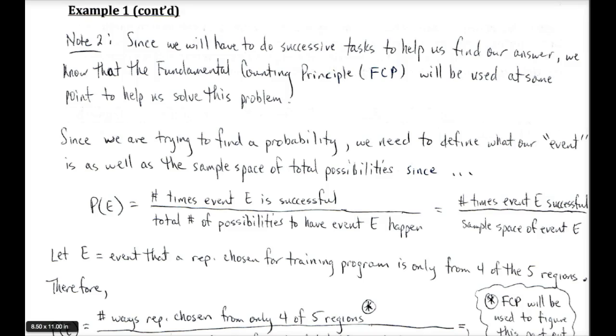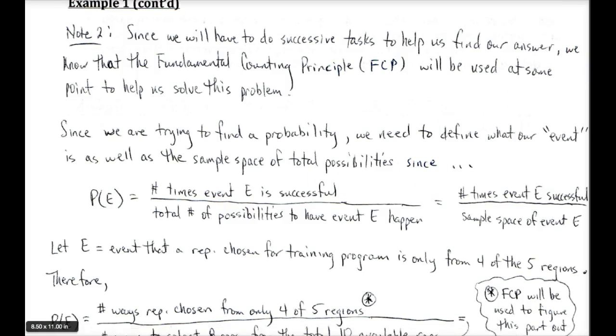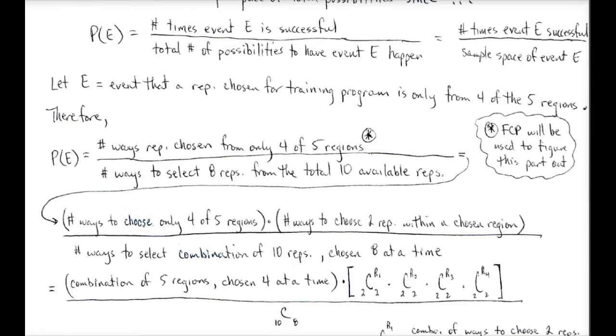Okay. And if we define our event, in this case E, as being the event that a representative chosen for the training program is only from 4 of the 5 available regions, then the way that we can look at that is the probability of choosing a rep in a training program from only 4 of the 5 regions is going to be the number of ways a rep is chosen from only 4 of those 5 regions divided by the number of ways to select 8 representatives from the total of 10 available representatives.